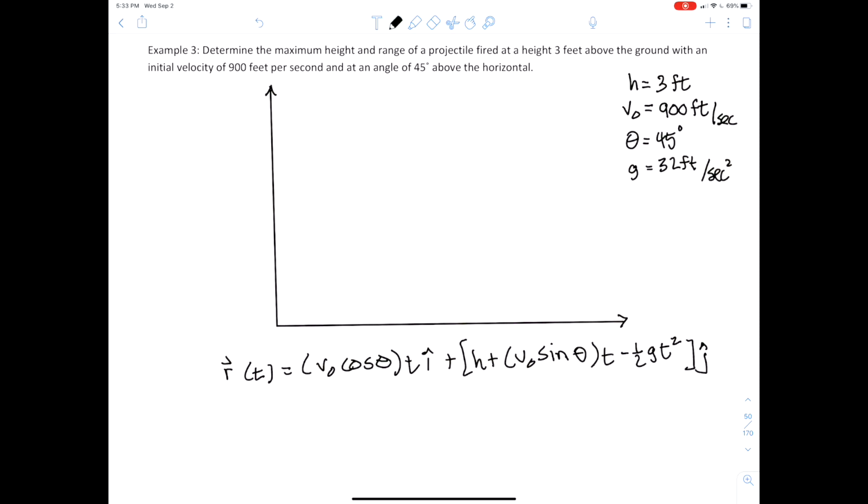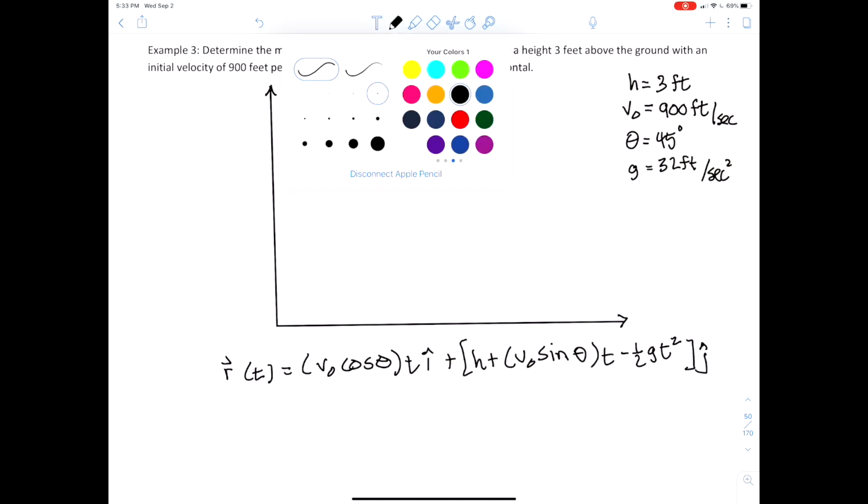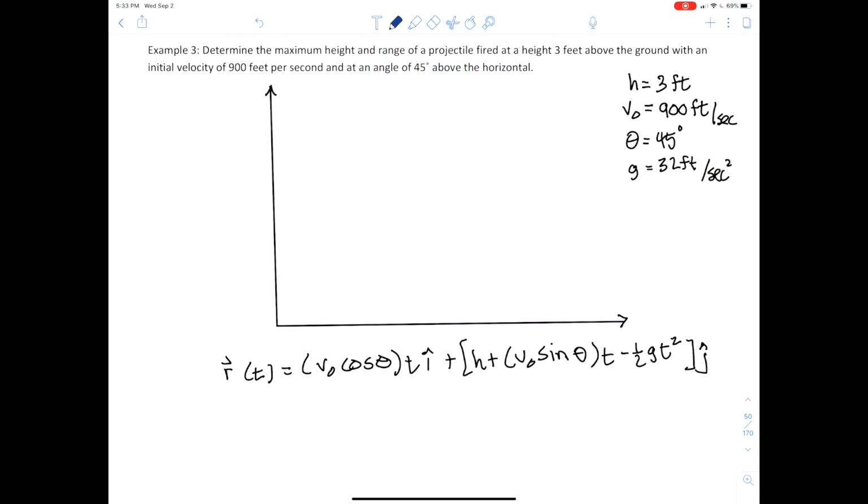So what we want to find out, let's say, we start out here at 3 feet. You'd barely even be able to see it. It probably goes very, very high. But basically, you start very near the origin here, and you're going off at a 45-degree angle from where you start.